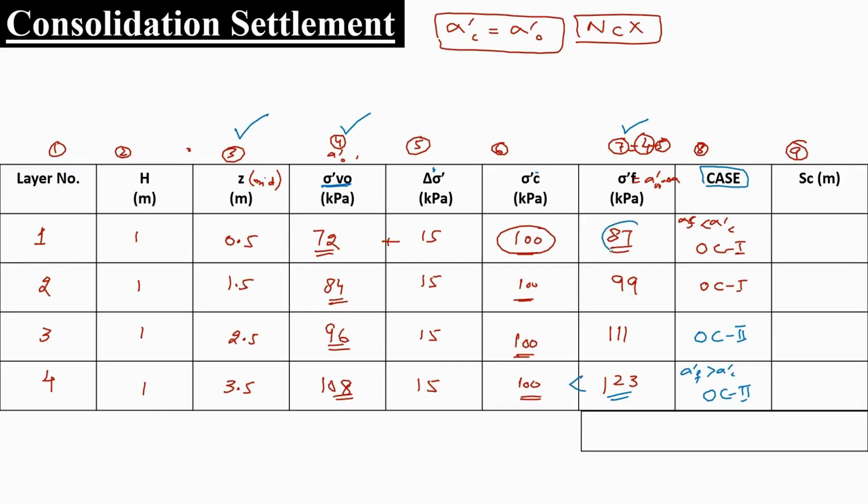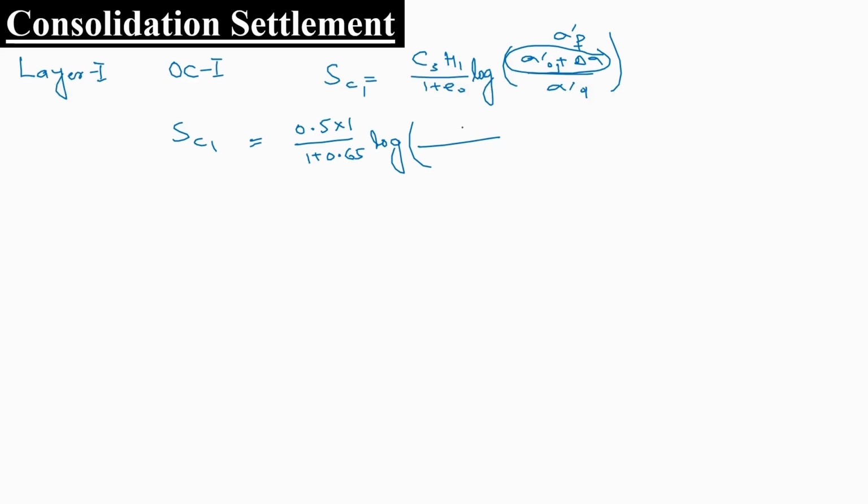So for first layer, sigma prime F is 87. Just put 87, and for first layer, sigma prime naught is 72. So what will be the answer here? 0.5 times 1 divided by 1 plus 0.65 times log of 87 divided by 72.